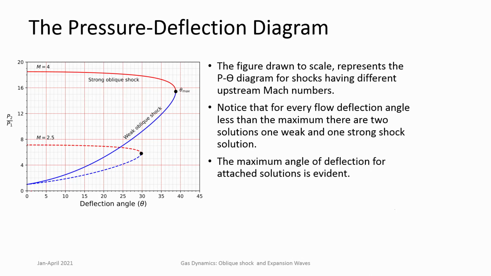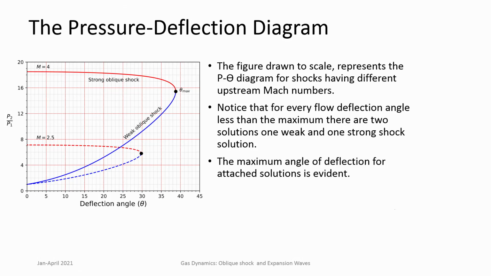So, here a particular curve is for one given Mach number. The top one, the solid line, is that for Mach number 4, and the dotted line is for Mach number 2.5. And these kinds of diagrams are useful when we look at interactions of shock with, say, solid surfaces. We will soon come to know what happens there and how these pressure deflection diagrams can be useful.